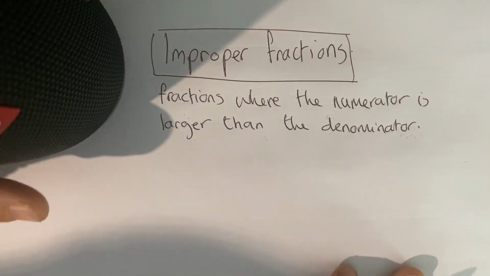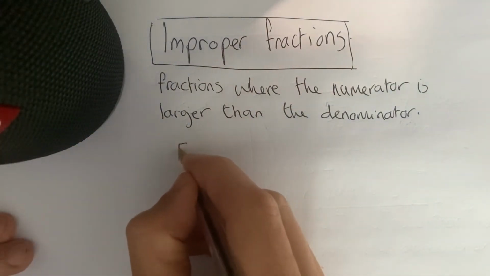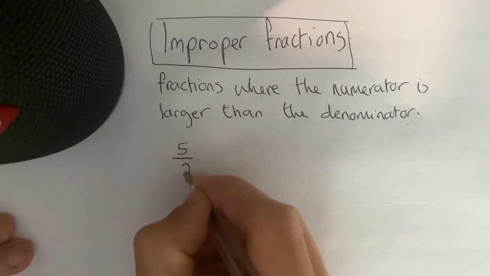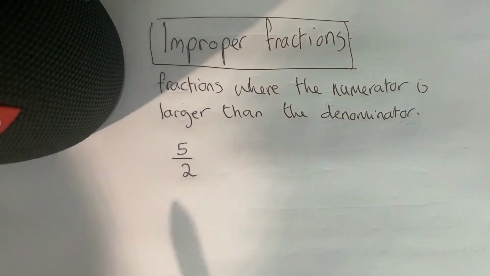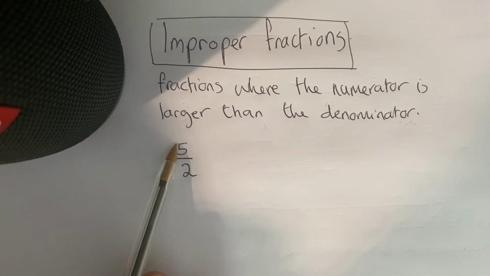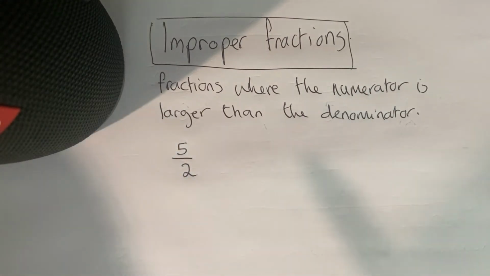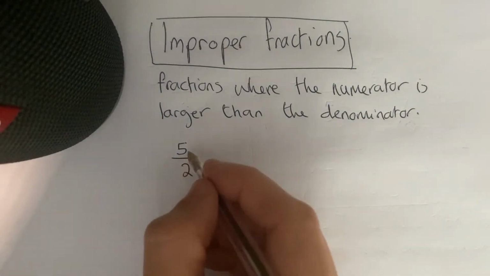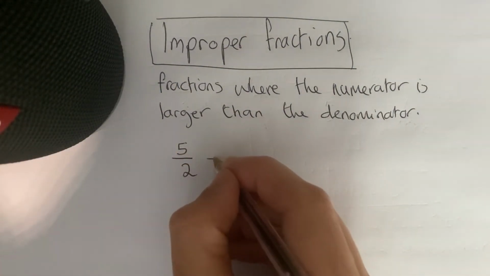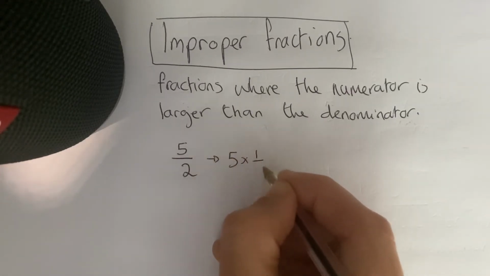Okay, so for example, if I said here I've got 5 over 2, okay? So what this is saying is we've got 5 halves. Just to put this into perspective, just to try to make sense of what this is, I could write this. This is the same as saying I've got 5 lots of a half.